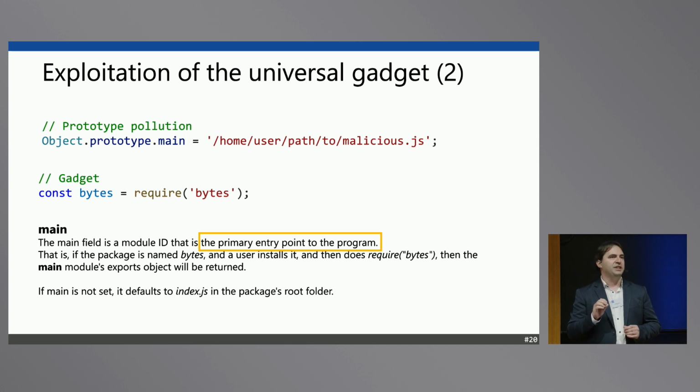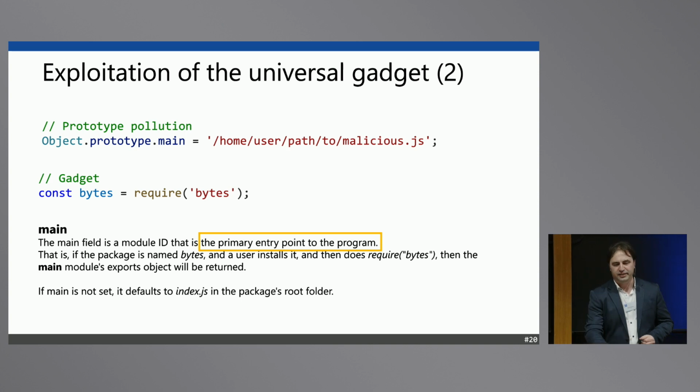So if a library doesn't initialize the beginning of the execution, you can just point it to some malicious file in the system, and then there you go. Then you get them executed. So now you would say here, OK, this is kind of cheating, right? Because if I have malicious files in the system, then I can just do malicious things directly, right?